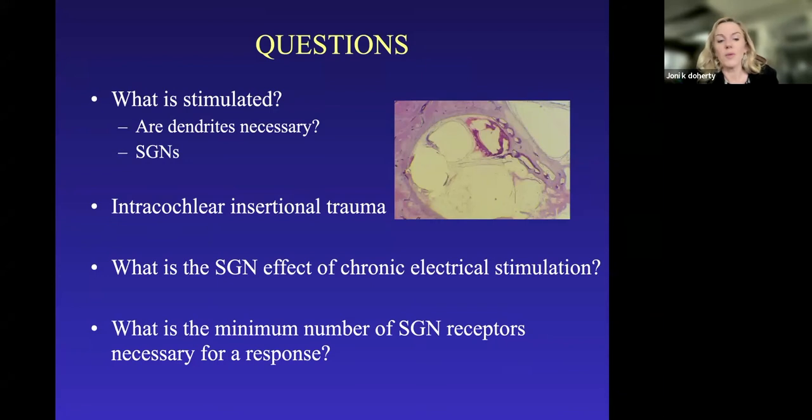But another thing we were interested in is, what is the effect of chronic electrical stimulation? So we looked at patients who had many years of use of their cochlear implant before we were able to examine the temporal bone. And then, what is the minimum number of spiral ganglion neuron receptors necessary for an adequate response?